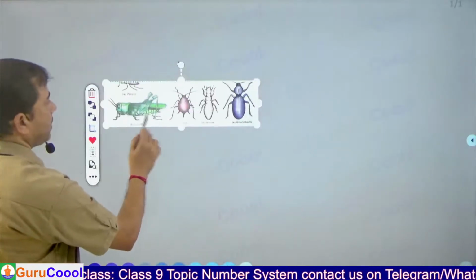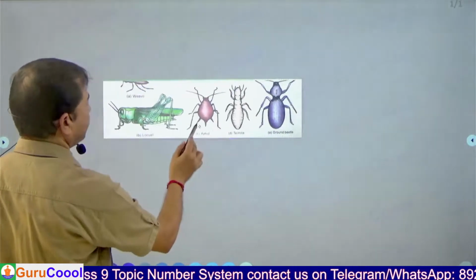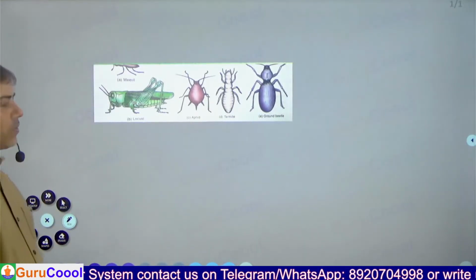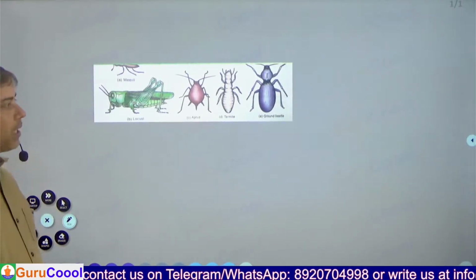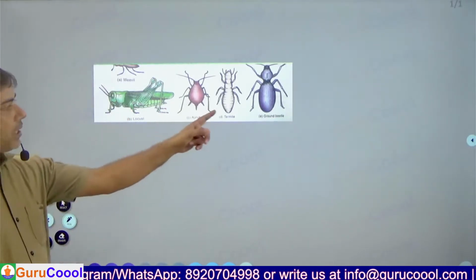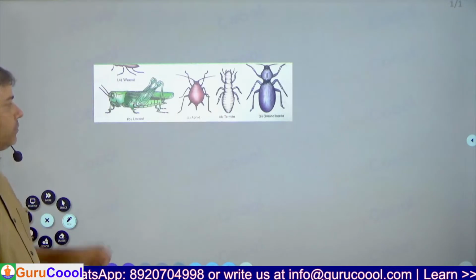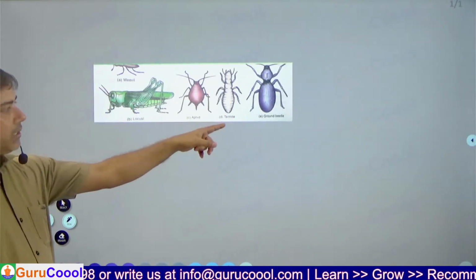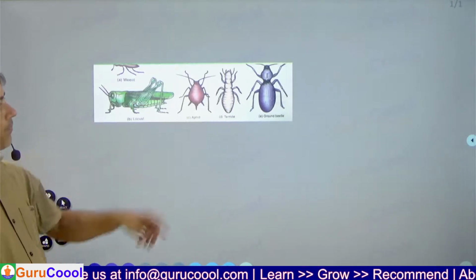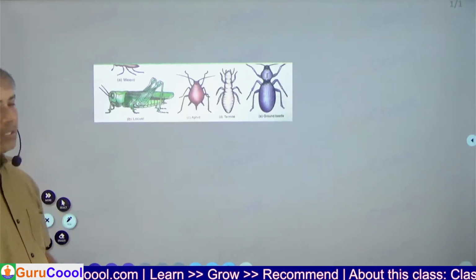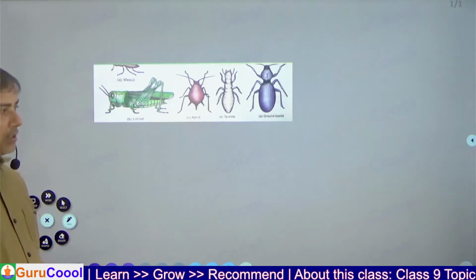See, these are the insects that can harm the crops. When crops are in the farming land, in the field, these are the insects that can harm our field. Locust, aphid, termite, ground beetle. They eat up the leaves, the seeds, the flowers.